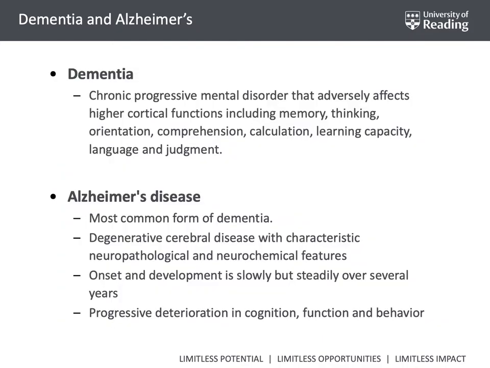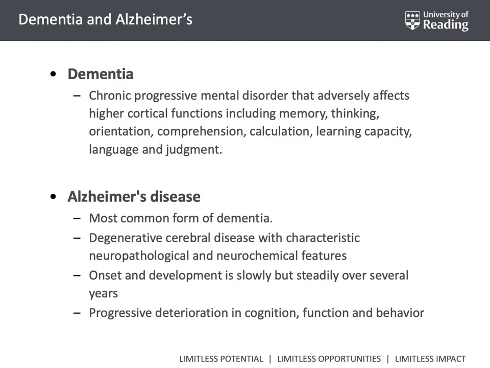In defining some of the terminology, dementia can be seen as the chronic and progressive mental disorders that lead to disruptions in a lot of your cognitive function. When it comes to Alzheimer's disease, we're thinking more about targeted destruction, very similar to other forms of neurodegeneration. So it's about the symptoms, but also the clinical onset of the disease that differentiates it from other forms of dementia per se.